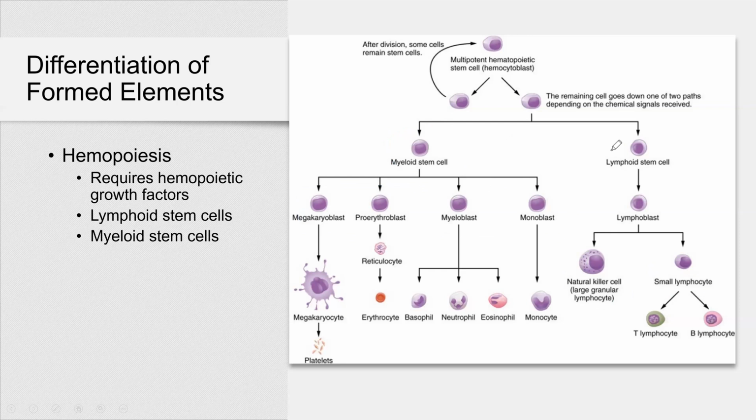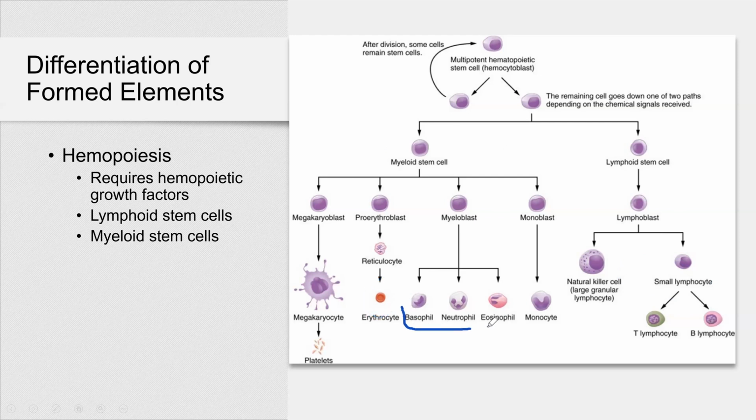They come from the lymphoid lineage, and those are lymphocytes that will further differentiate into T lymphocytes and B lymphocytes, and natural killer cells. Every other cell comes from the myeloid stem cell, including our red blood cells, erythrocytes, and our white blood cells.